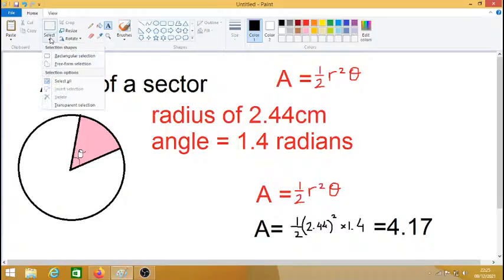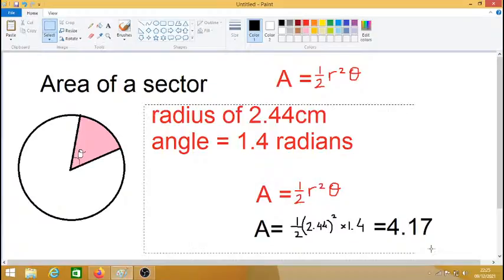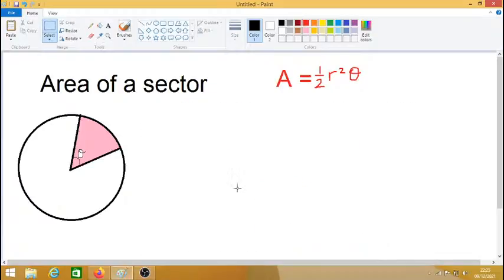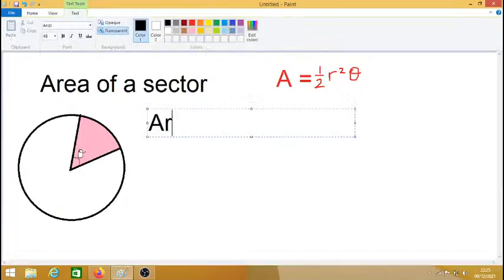Let's stick with this formula, but this time let's take a look at a slightly different question. Here we are looking at the same formula. We're looking at the area of a sector, but this time in this question, which is example 12, the area is given to us. We're saying that the area of the sector is equal to 28.9 centimeters squared.